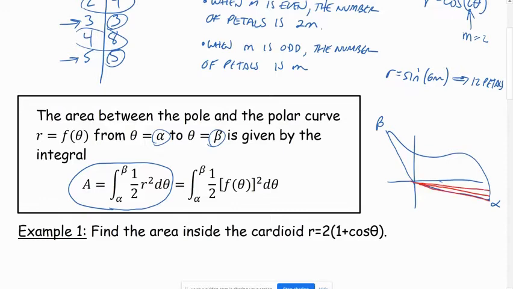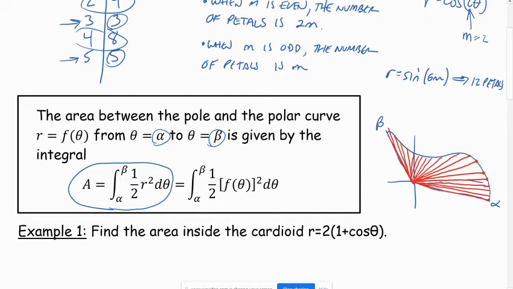So if you have the starting radius here, and if we keep sweeping the radii out, so every time I increase the angle a little bit, it moves along the curve. So the ending of the radius moves along the curve. All these radii are going to have different lengths, but what we're doing is calculating the area from the pole, which is the origin, to the curve. And so that is the area that gets swept out by those radii.